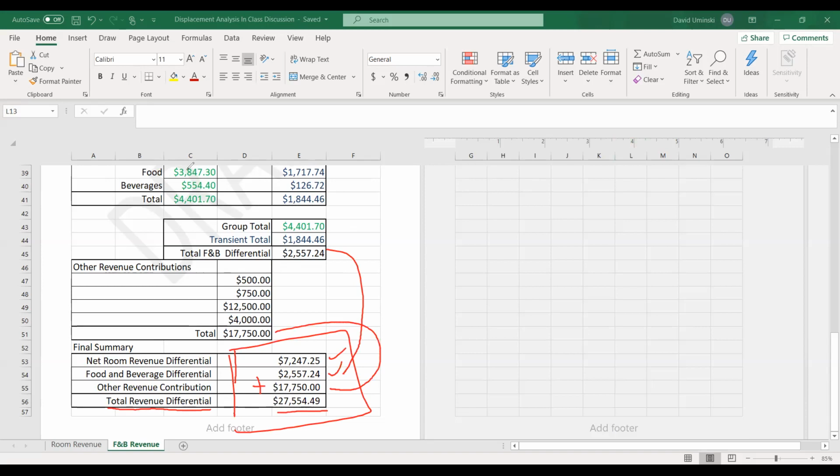Now, if we had something like spa, we're not going to for the case of this example, but in theory, we could go back and look and see how many of our transient guests use the spa and what that cost is and compare that as well.